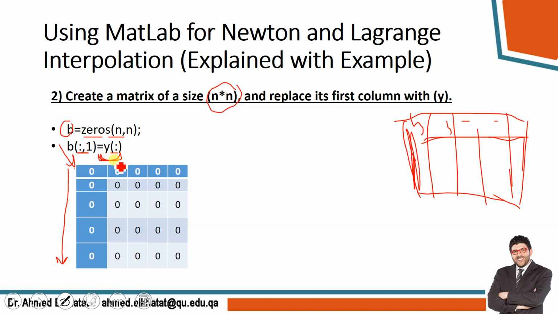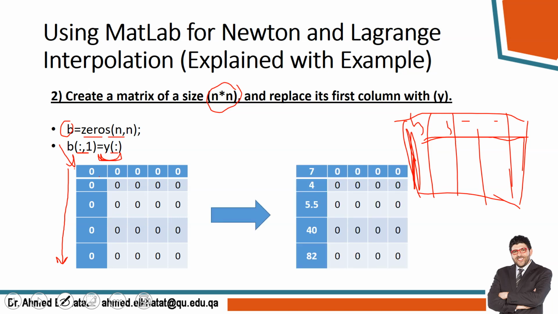This code is to make sure all vectors are in a vertical column. So if you put the values horizontally, it will convert them to vertical, and if you write them vertically, it will stay vertical. So this one will replace, and now the first column becomes this one. So we got this matrix.